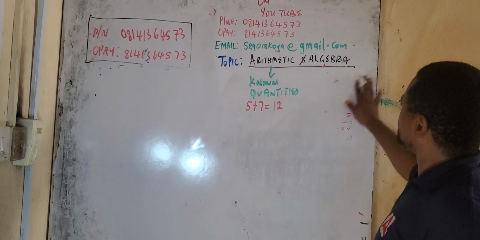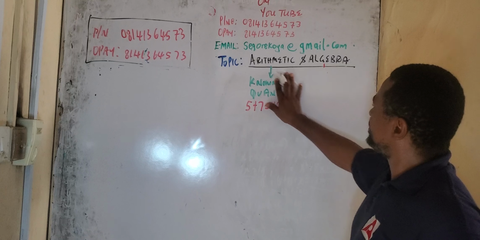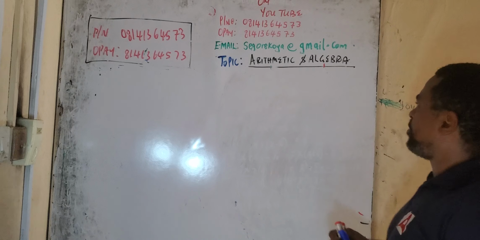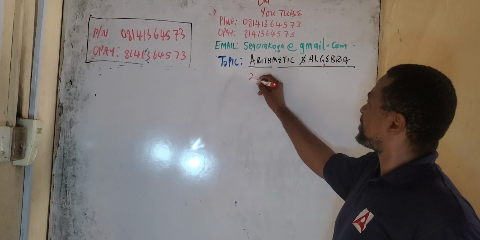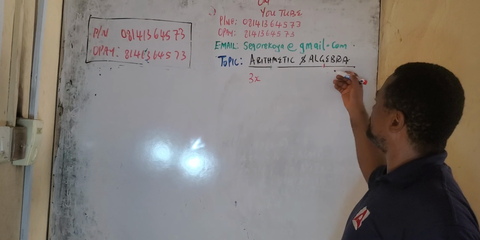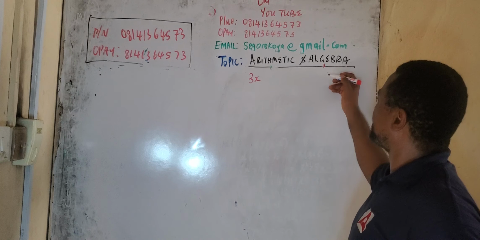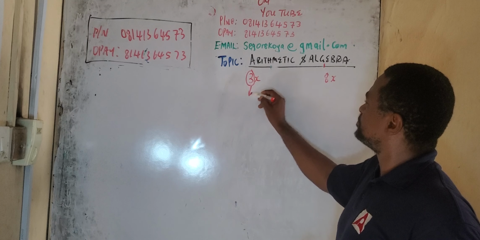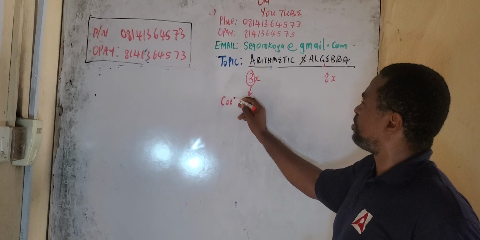Now, let us consider elements of algebra. When I have something like 3x and I have something like 8x, the number I have in front of this letter is called the coefficient.